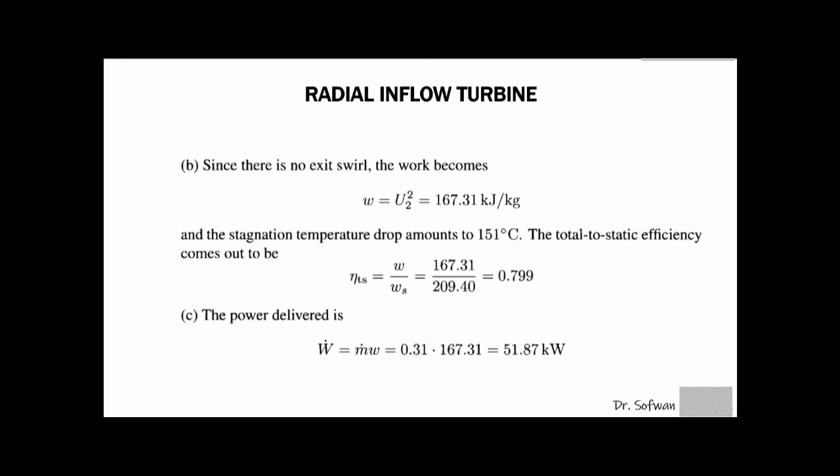Moving on to the next question, we want to calculate the total to static efficiency. The total to static efficiency of an isentropic condition radial inflow turbine can be calculated using this expression, which is equal to work over isentropic work.